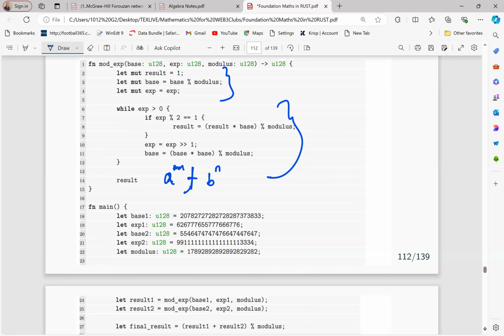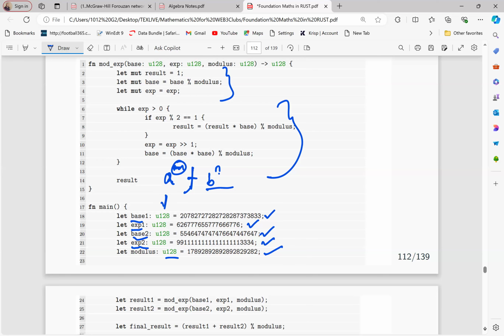The first base, base 1, is a, so I define it. Then exponent 1 is the first power, I define it. And then base 2 for the second number, I define it as b in this case. And then power 2, which is exponent 2, also define it. And then mod, I define it.